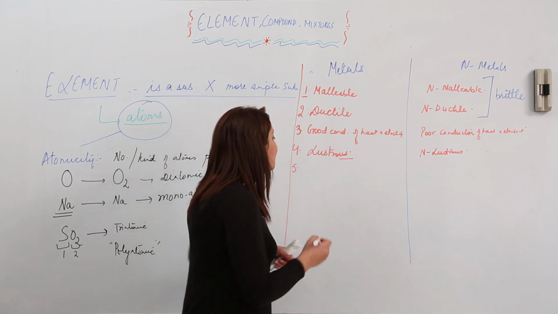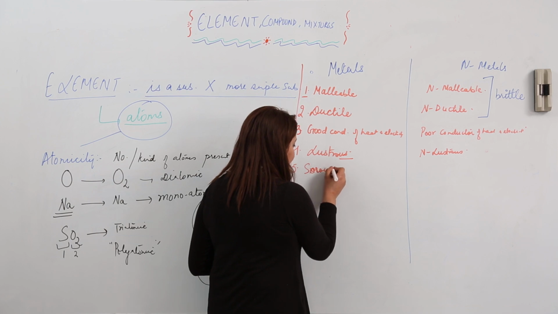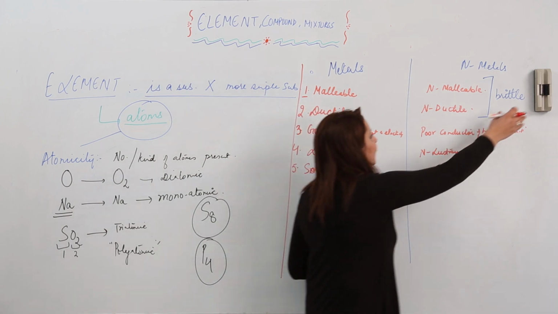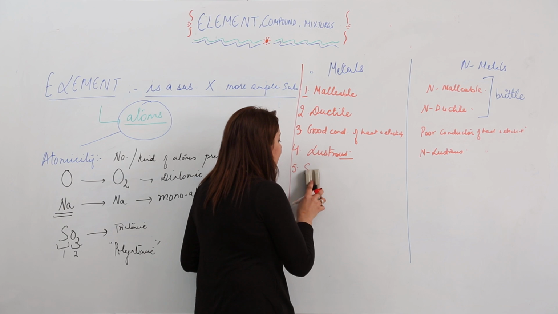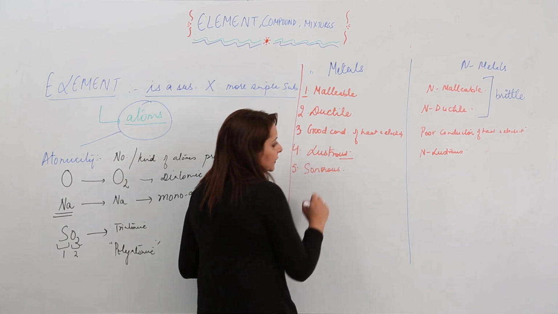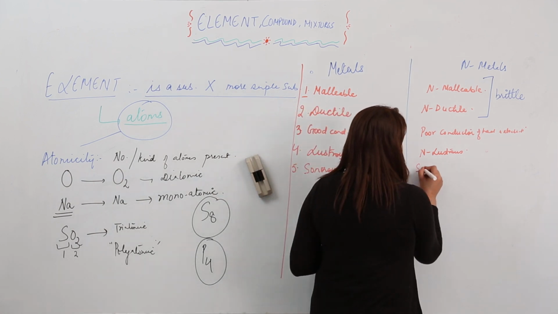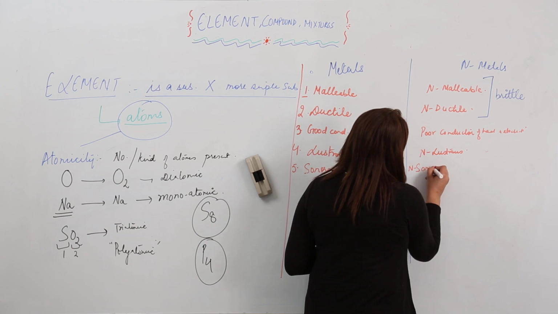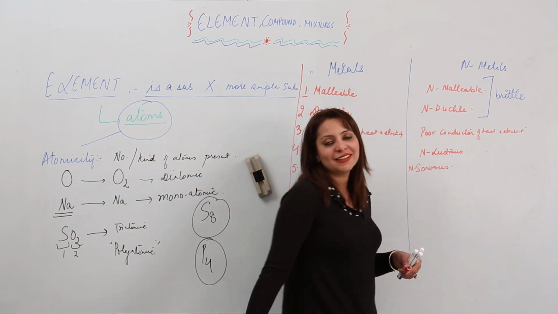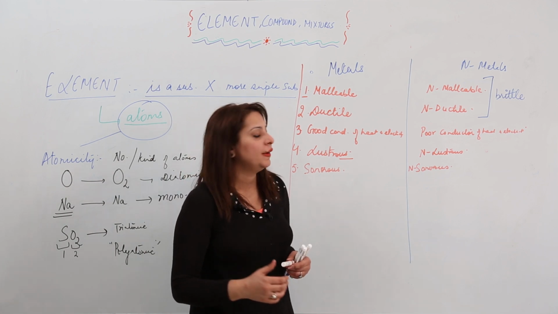So that means metals are sonorous. When you hit the metal, they produce sound. They exhibit the property of sonority. And when we talk about non-metals, they are non-sonorous. They do not produce any kind of such sound.